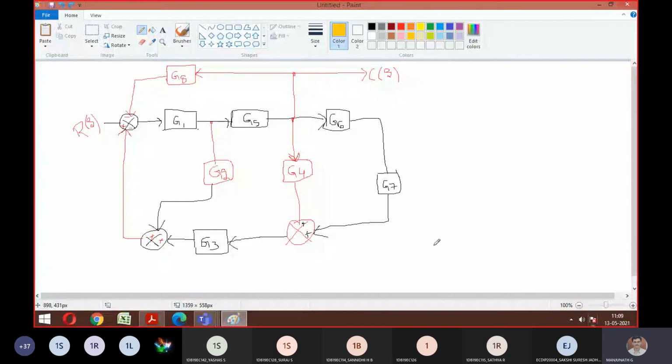So now what is the first thing you're supposed to make? What are the possibilities you have? See, I told you wherever the output is given, if it is not given at the end, you can redraw this diagram. Do you remember I taught you one problem? Yes, sir. So here C of S is given here. Till now, in the problems we solved, it was like input at this junction, output at this junction. Correct? So if you want to get C of S here, what can be done? You can rewrite the diagram, yes or no? Yes, sir. So if you rewrite the diagram, how does it look?